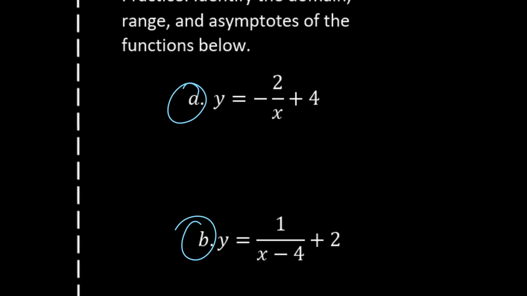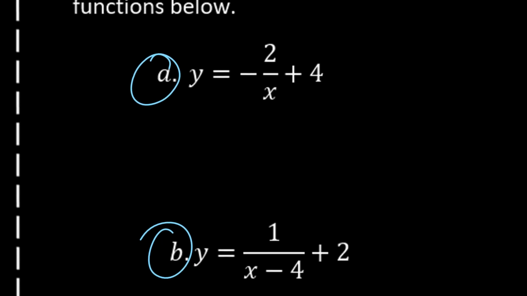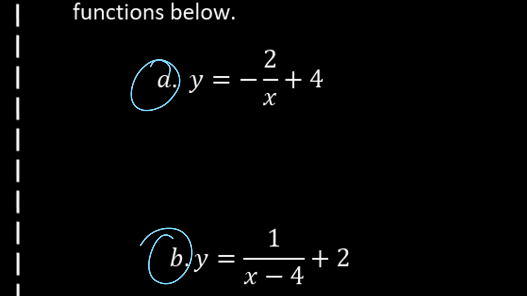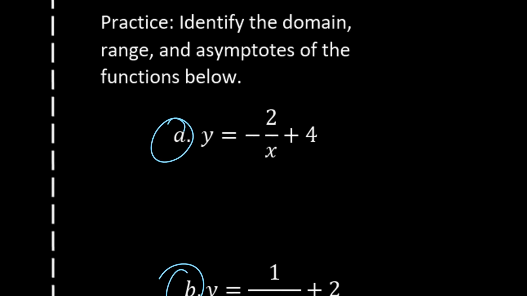All right, so over here, what did you get for A, Allison? Domain and range, yes. What'd you get for the domain first? X is not equal to 0.